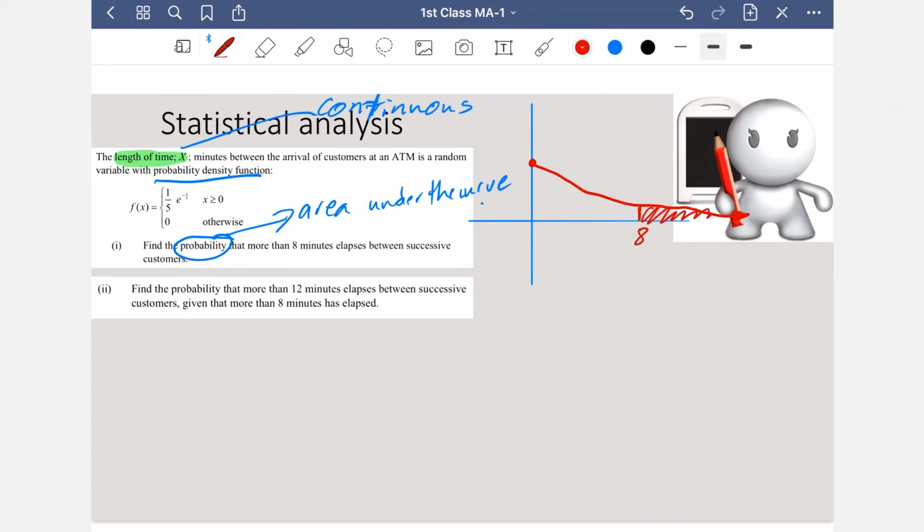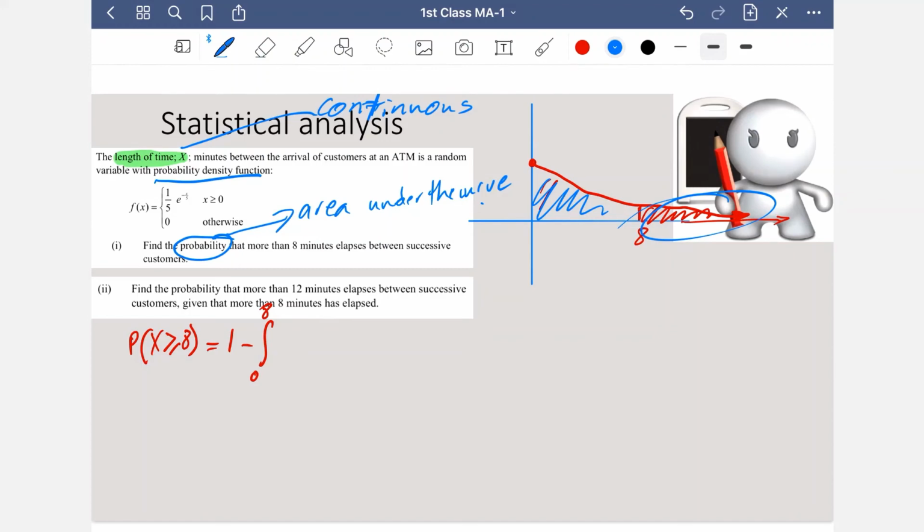Now, because this function goes all the way up to infinity, the probability that x is greater or equal to 8 is going to be equal to 1 minus the integral from 0 to 8. So I'm going to calculate this area over here, and then by taking away from 1, because we know that the area under the probability density function is always equal to 1, that will allow me to calculate the area under the curve from 8 onwards.